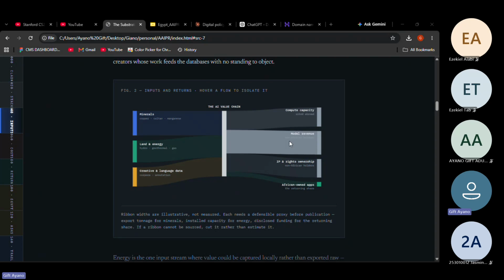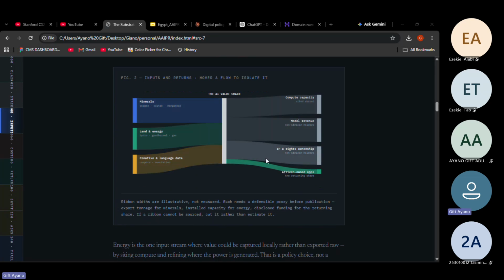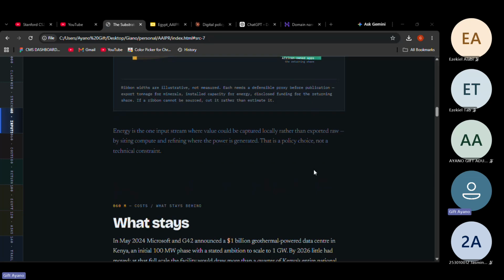Compute capacity is sited abroad, model revenue goes to non-African holders, and IP, that is intellectual property rights, ownership is with non-African holders. The African-owned app is the only part where we are getting returns on most of our inputs into AI at large. So basically, we are inputting a lot and getting very little. African-owned apps are where we are getting something.